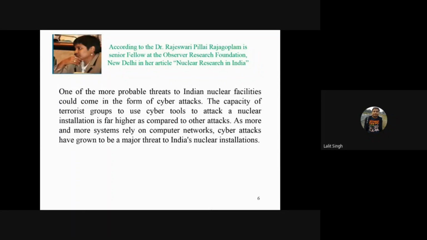And the capacity of terrorist groups to use cyber tools to attack a nuclear installation is far higher as compared to other attacks. So, as more and more systems rely on computer networks, cyber attacks have grown to be a major threat to India's nuclear installations. And you might have heard, for example, that in India in 2018 there was an external cyber attack on one of the Indian nuclear power plants.